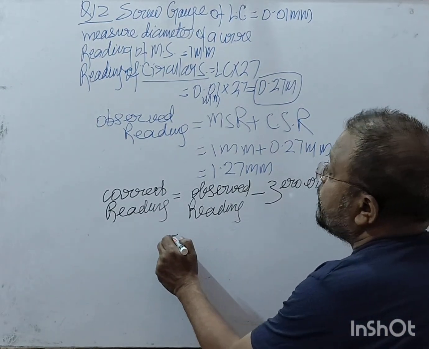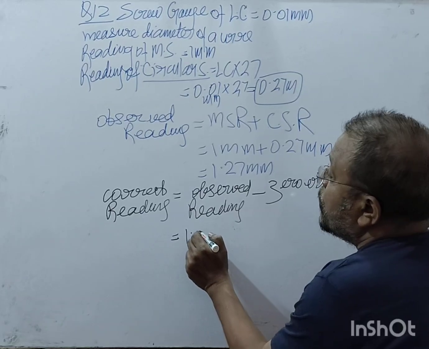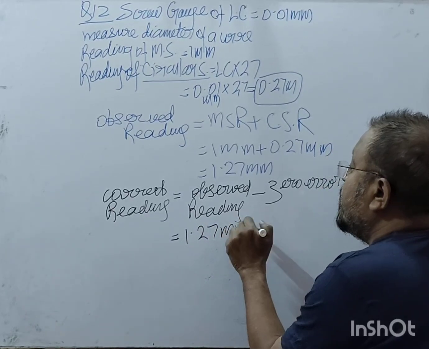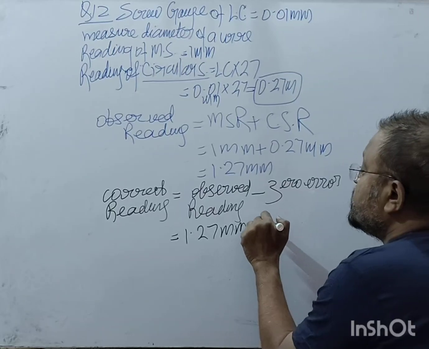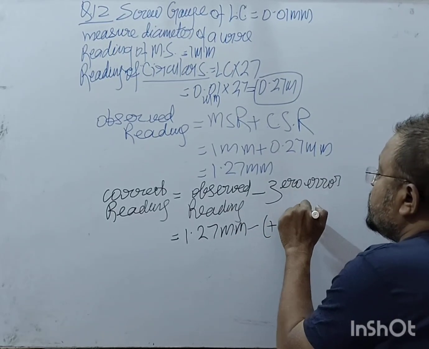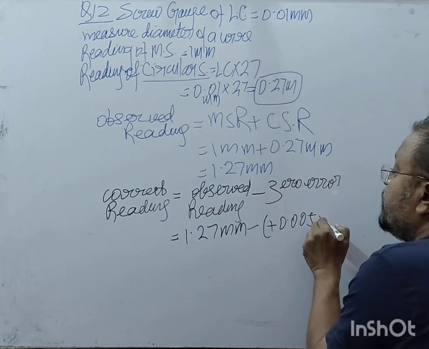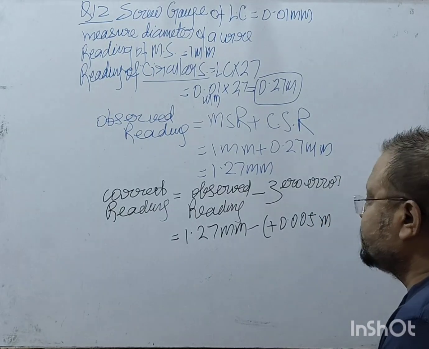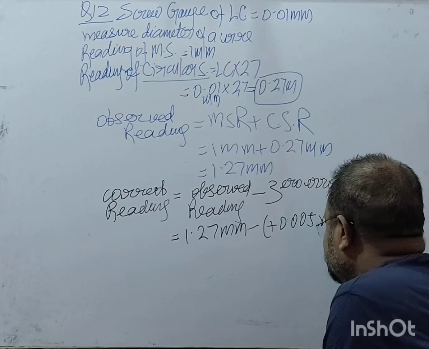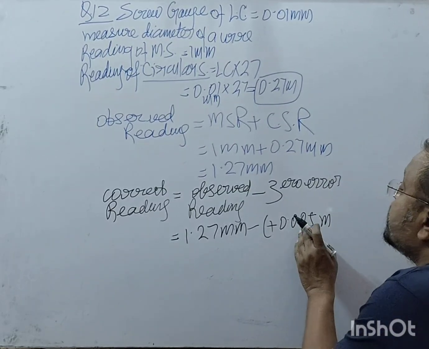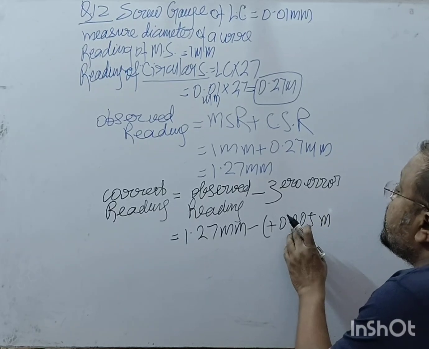So the observed reading is 1.27 millimeter minus 0.005 centimeter. Yes, it is in centimeter. When the reading is in millimeters, you also bring this in millimeters.